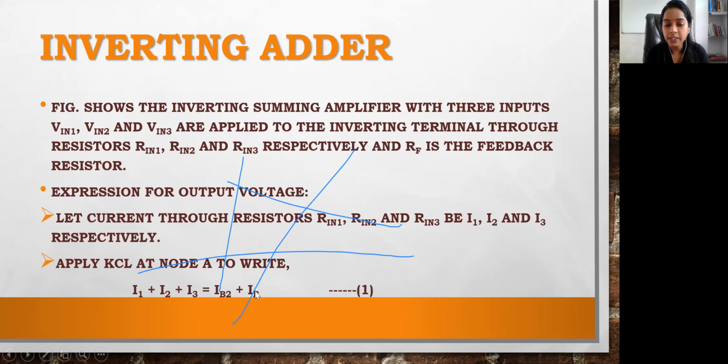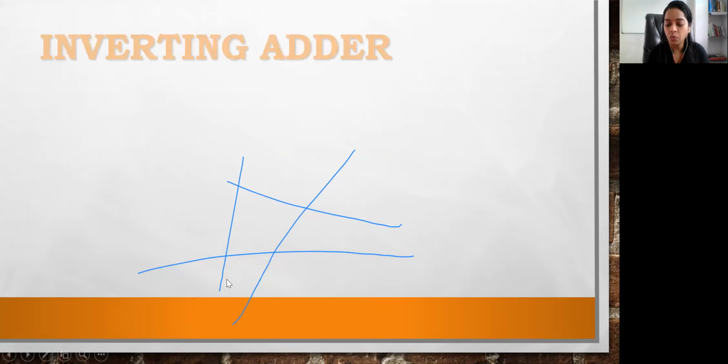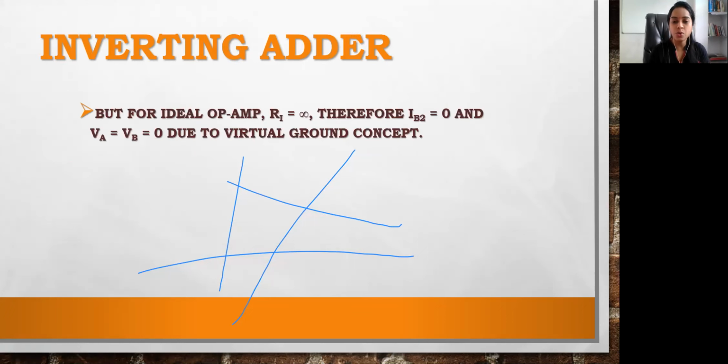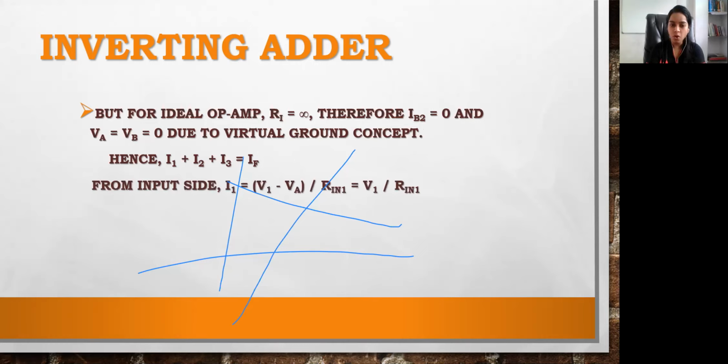These are the currents flowing in various directions when we consider KCL at node A. Ri is equal to infinity for an ideal op-amp. So IB2 is equal to 0, and Va is equal to Vb, which is also equal to 0. So once again we have I1 plus I2 plus I3 is equal to IF. We put the value of I1 in terms of voltage and resistance.